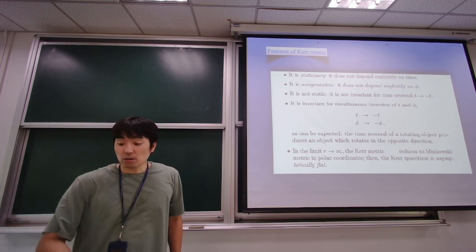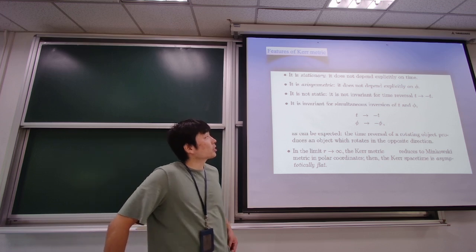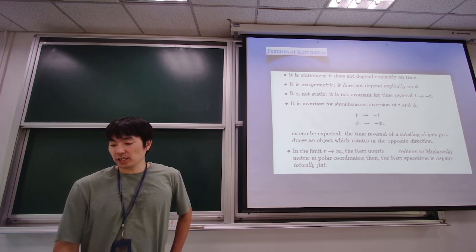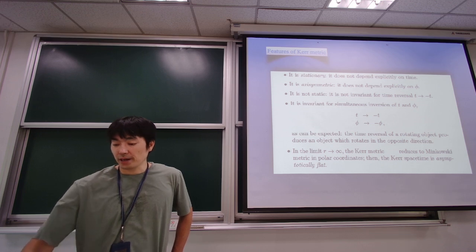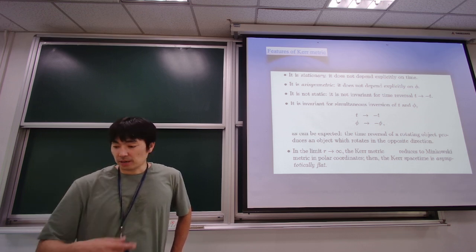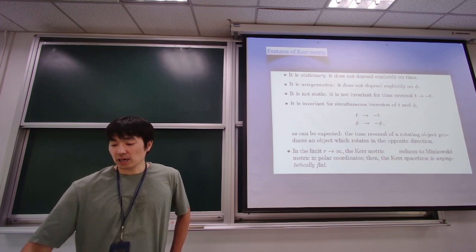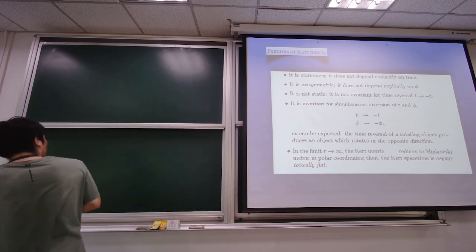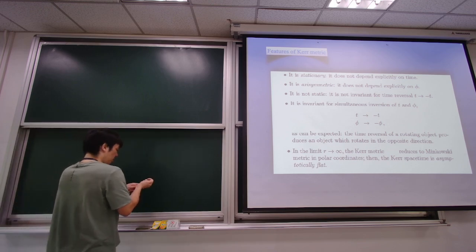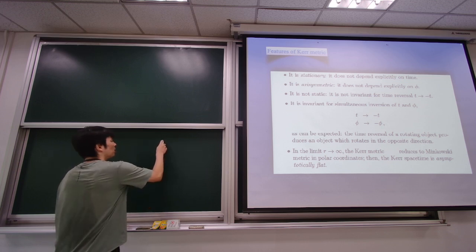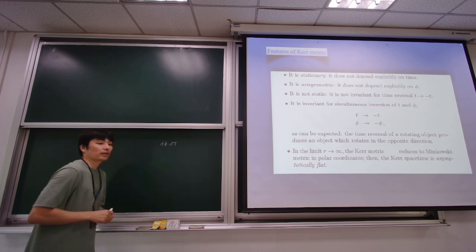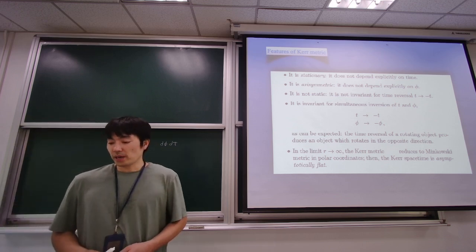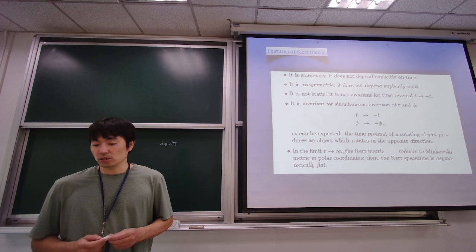The features of the black hole: it is stationary, which means the metric is independent of time. It is axisymmetric, which means the metric does not depend explicitly on phi. It is not static: if you take t to minus t, there is a term like dφ dt, which makes the metric not invariant under time reversal, so it is not static.